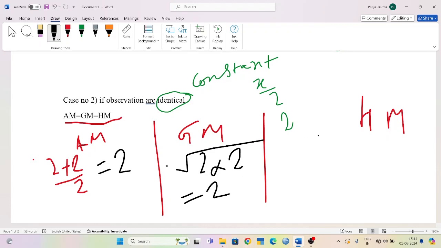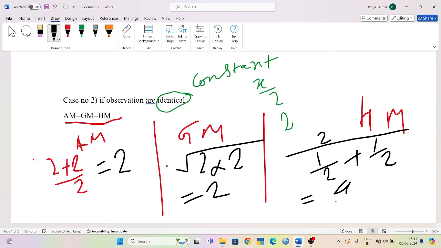The formula of HM was N, means number of observations, 2, divided by 1 divided by x1, x1 is here 2, plus 1 divided by x2, x2 is here 2. After solving this, we will get the value 4 divided by 2.